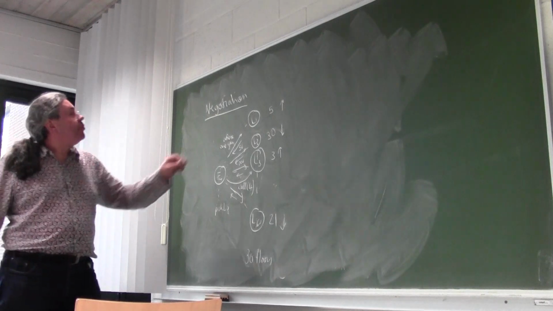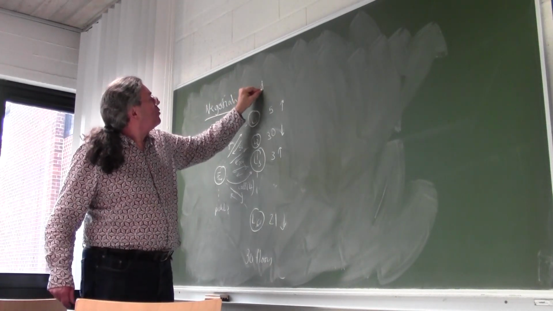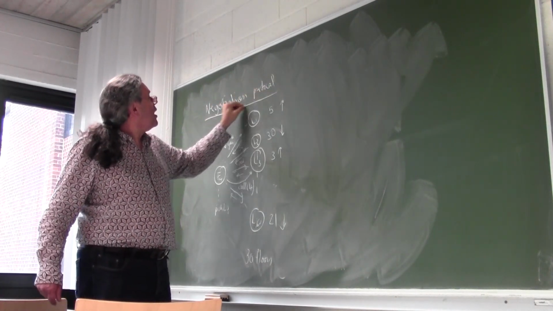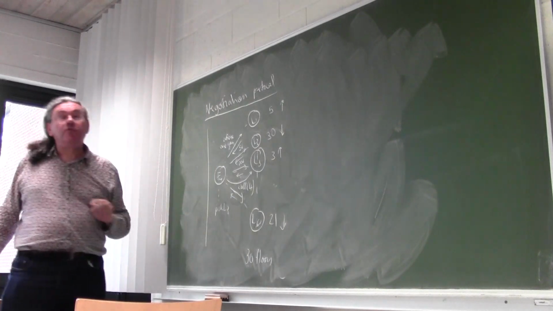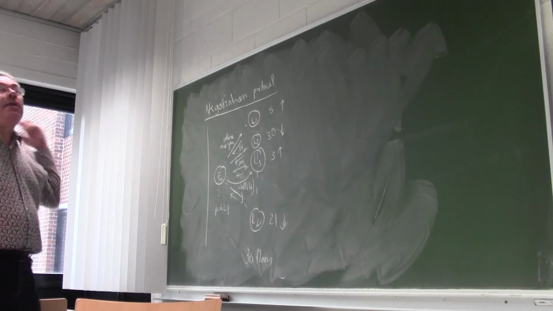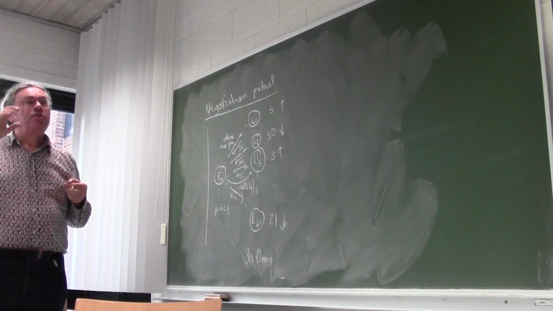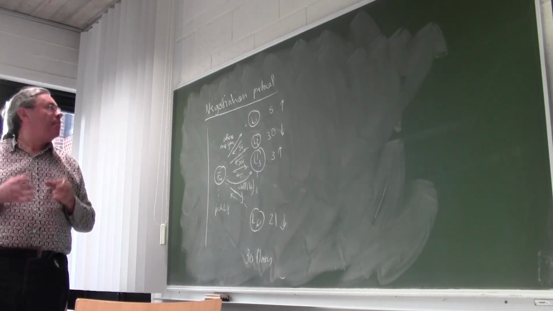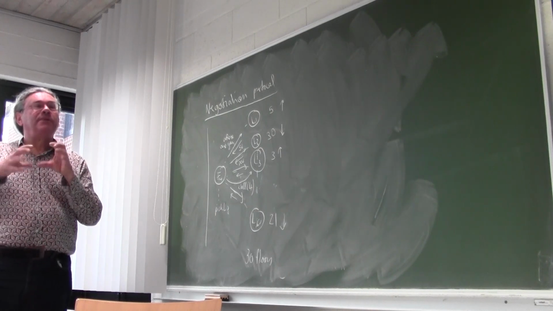Okay? This is an example of a negotiation protocol. The same kind of protocol is actually done on the web. If I want to get an airplane ticket, for example, you have these collector sites.